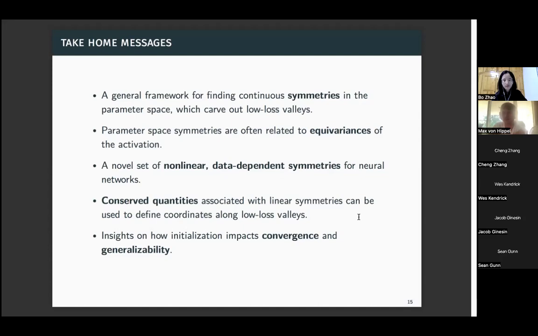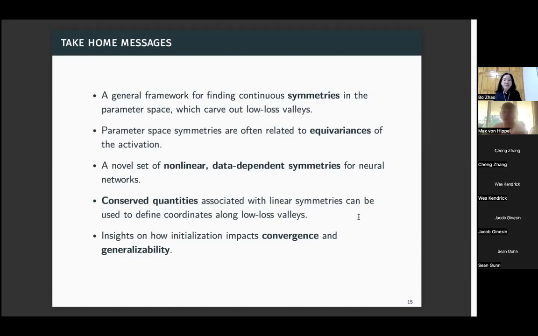But at the end, I see your take-home message is that these kinds of symmetries carve out the low loss valley, which seems very significant. But I kind of failed to make that connection of how these calculations carve out the low loss valley.